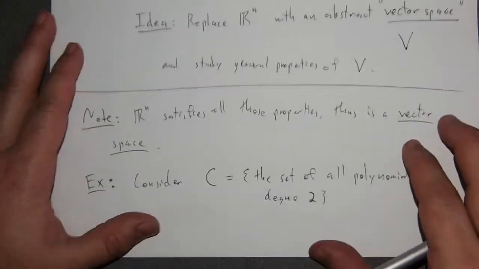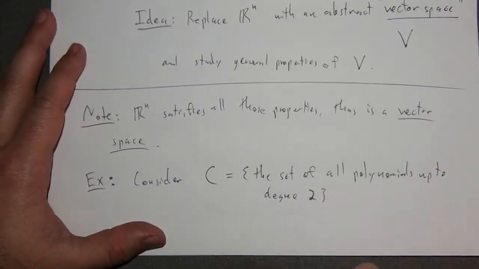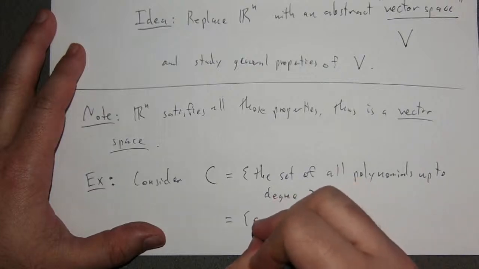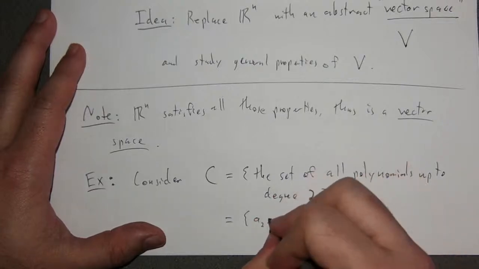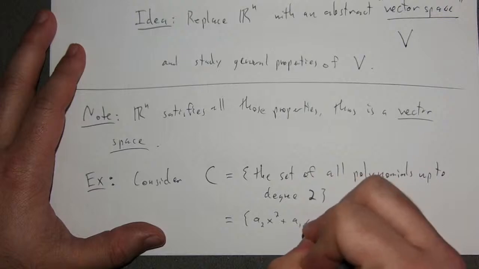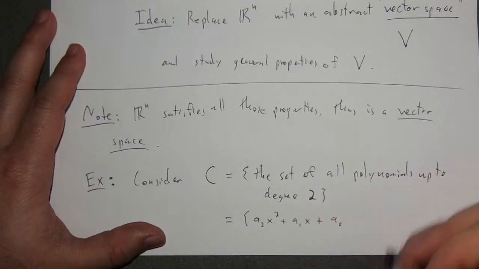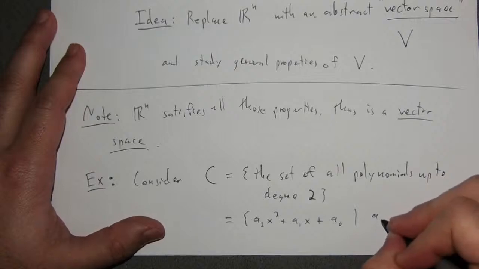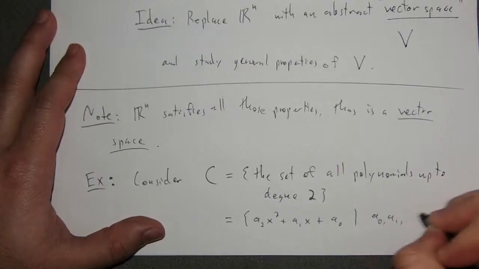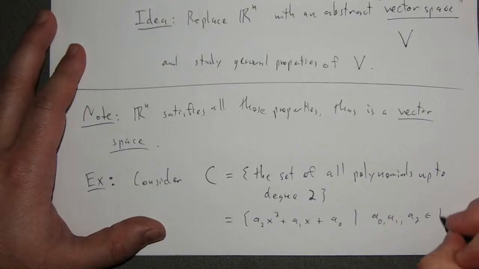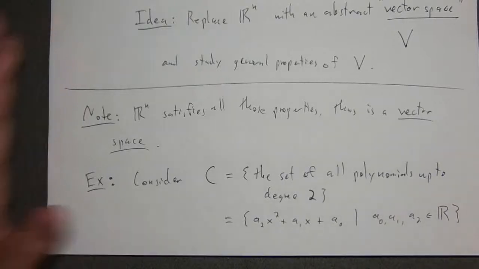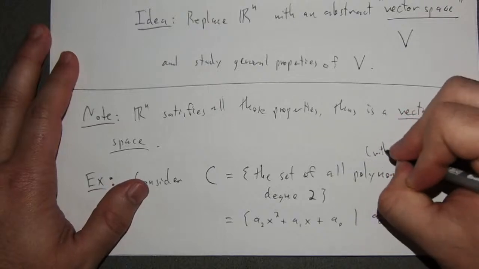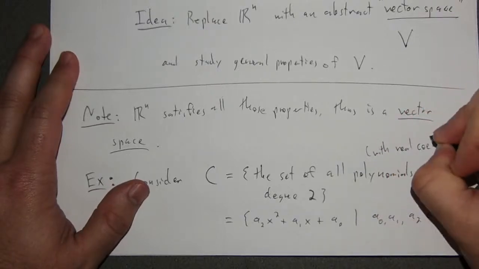What do polynomials look like that are up to degree 2? This is the set of all things that look like a sub 2 x squared plus a sub 1 x plus a naught, such that a naught, a1, and a2 are, say, real numbers. So if by polynomials we mean polynomials with real coefficients, we'll specify that. That's fine.